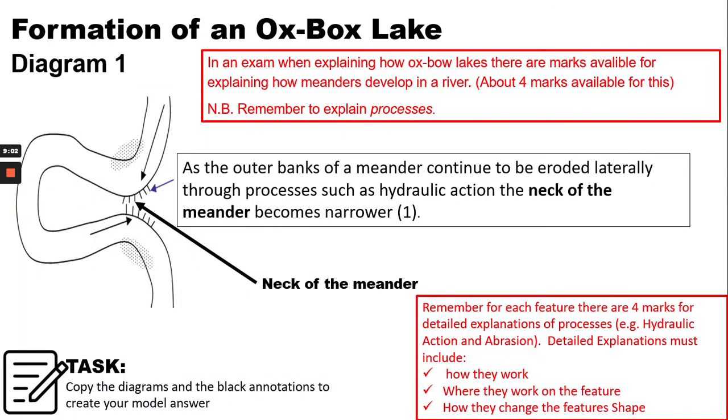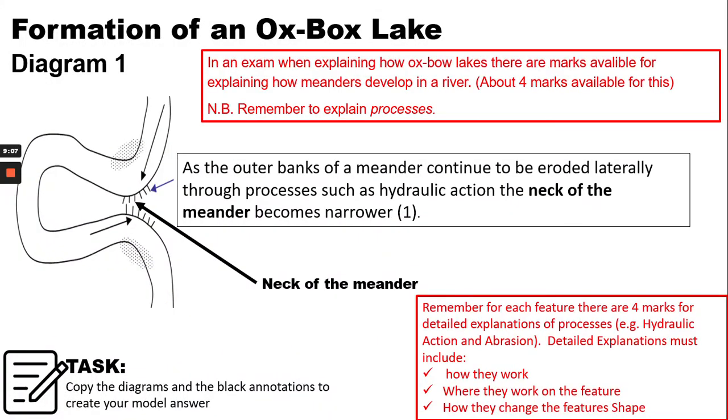So you're going to have three diagrams here, so have space on your page for three diagrams with notes around them. I would have noted here that in an exam, when you're explaining oxbow lakes, you need to be talking about meanders, because they only happen because of meandering, because the river is bending and these bends move outward as time goes on.